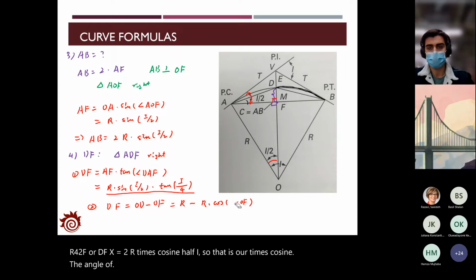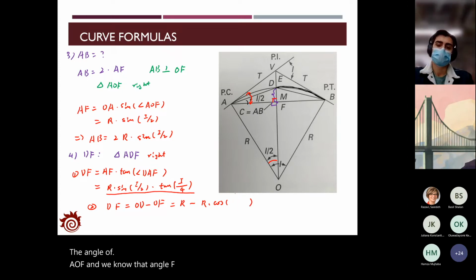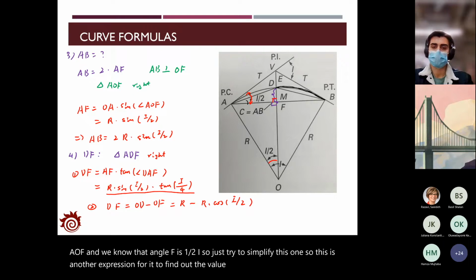And we know that the angle AOF is half I. So we just try to simplify this one. So this is another expression for you to find out the value of the distance of D to F.